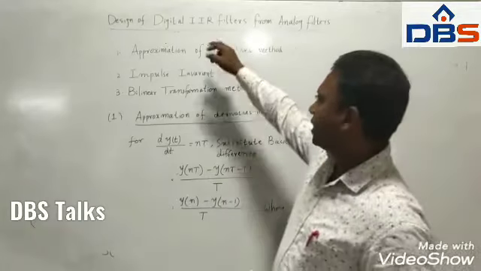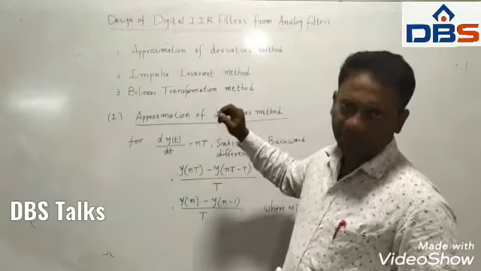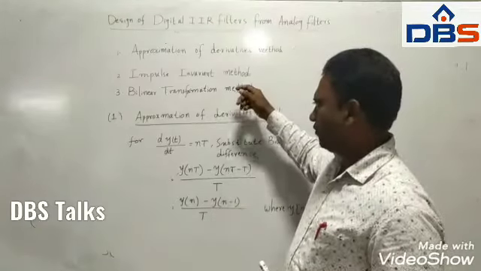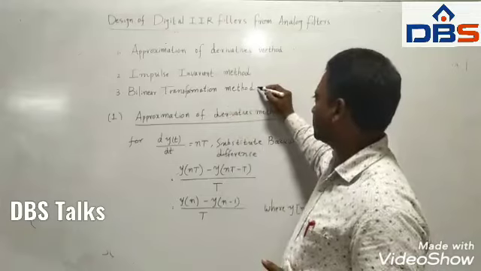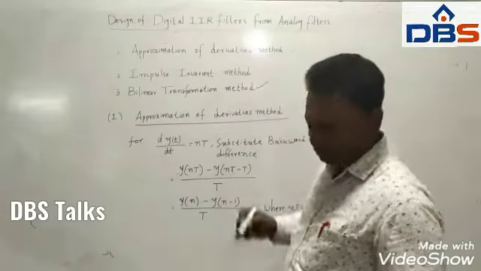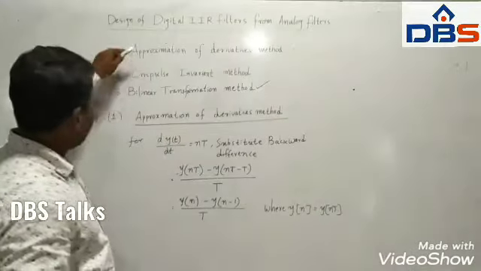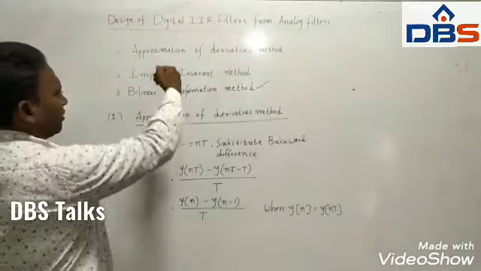The first one is the approximation of derivatives method. Second is the impulse invariant method, and the last one is the bilinear transformation method. This is a very important one from the exam point of view, the bilinear transformation method. We will see each one by one.